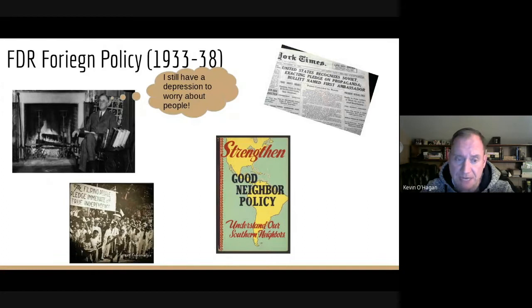Last key point I'll make is that during this era, we've got Roosevelt, who's also opposed to high tariffs, because to him, high tariffs are bad business. It costs American companies because foreign companies are going to put high tariffs on our goods coming in.